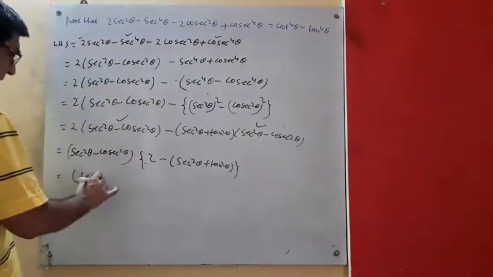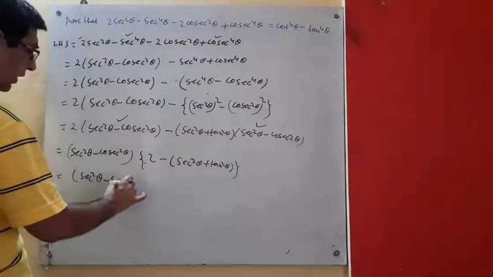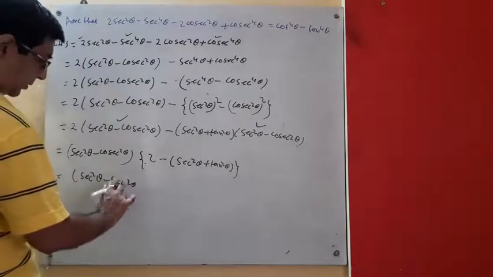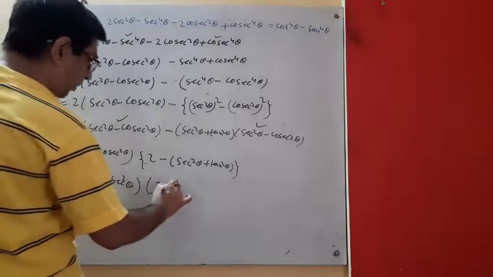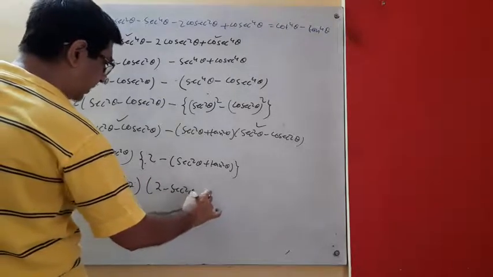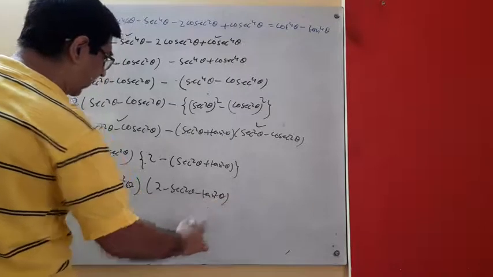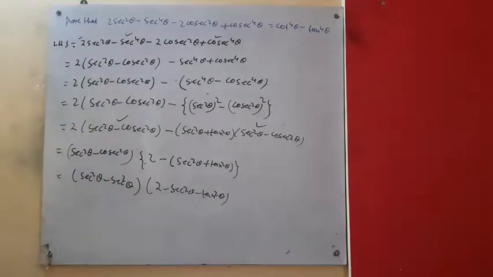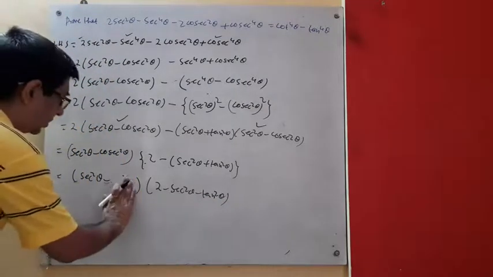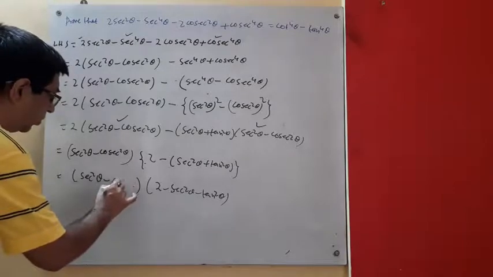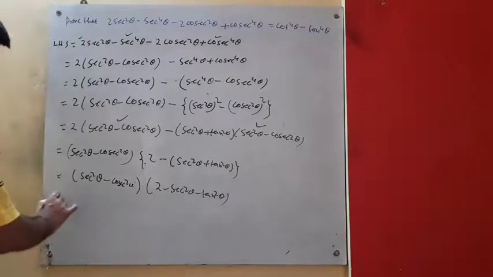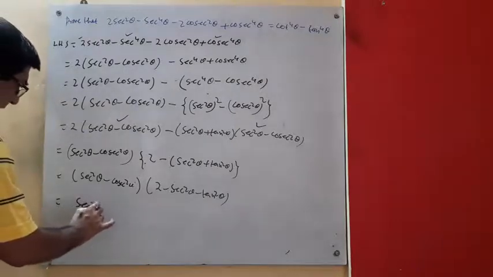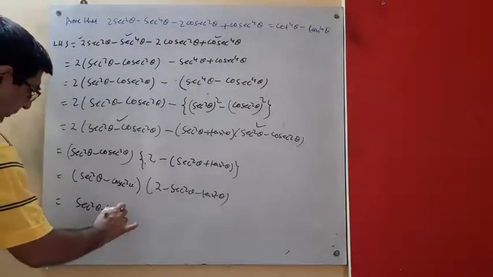Sec square theta minus cosec square theta, right? This is 2 minus sec square theta minus tan square theta, right? Sorry, this is minus cosec square theta. Now what is coming? Let me see. Now sec square theta minus cosec square theta, keep it like this way.